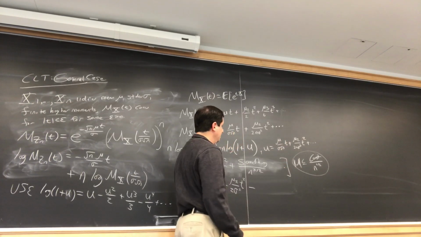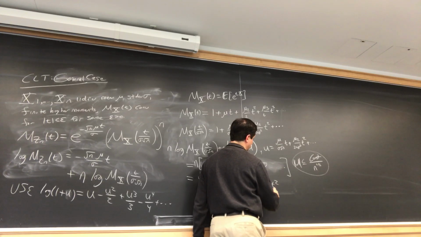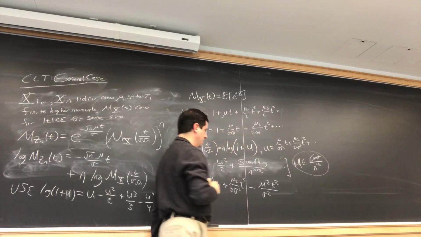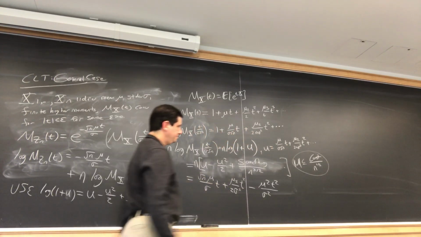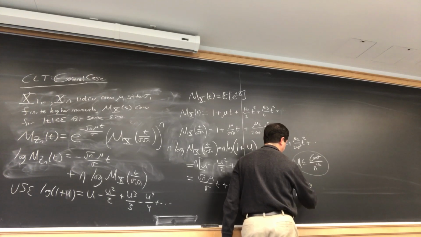And so I'll get a mu squared t squared over sigma squared, and then I have an n, but the n cancels that. Plus mu something over n to the 1/2.